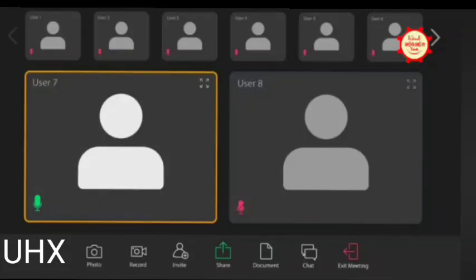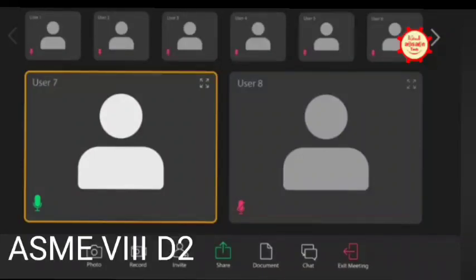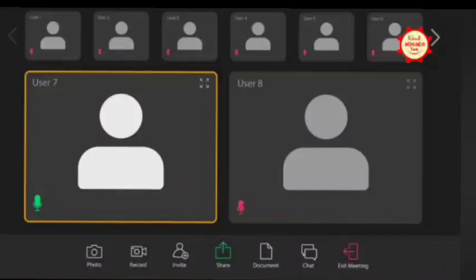It couldn't be a part of UG, it couldn't be a part of UW subsection 2, so they had to put it in subsection C, but subsection C is material requirements, so there was a conflict. So they decided to put the design part of UHX in Division 2. But if you are working with Division 1, as Arun said, you need to take the allowable stresses from Division 1 only.